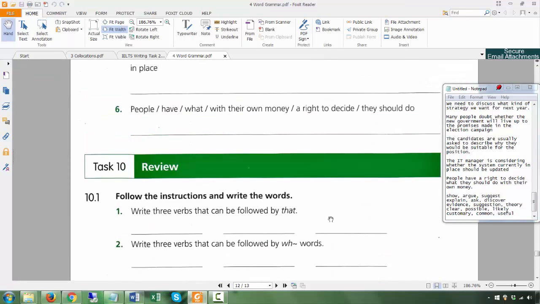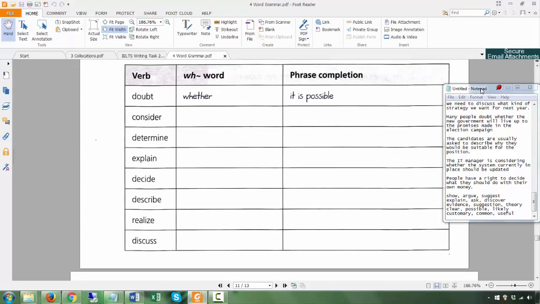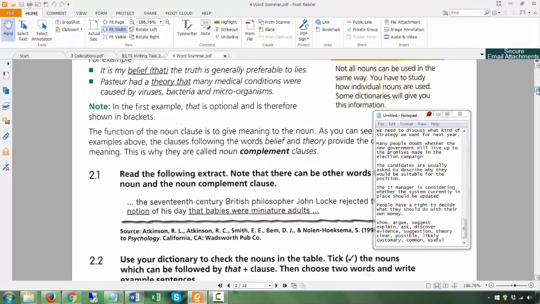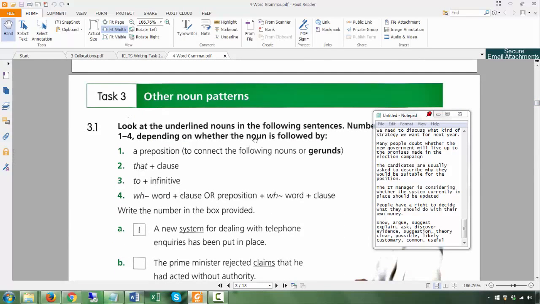This is the chapter on word patterns. I teach a lot more in my writing class too, but this is a good introduction in a way, and it will help you to clear up a lot of things. The main things are the word patterns that we went through: the nouns, then the adjectives, then the verbs.